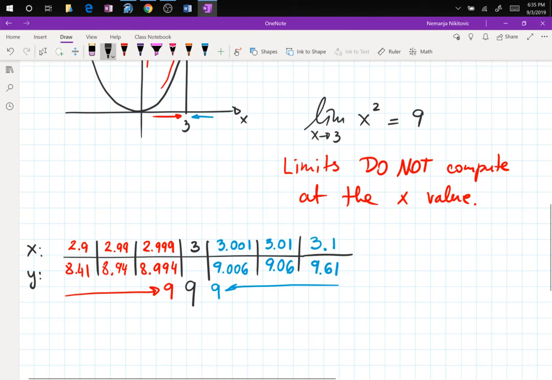So the idea is to understand that the limit is the process of going somewhere, and the number you get at the end is that final destination, the place where you get to after the process of going, right? So the difference between precalculus and calculus.